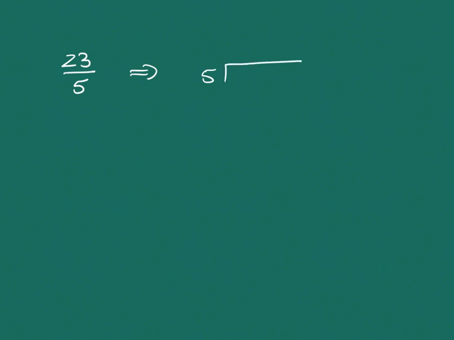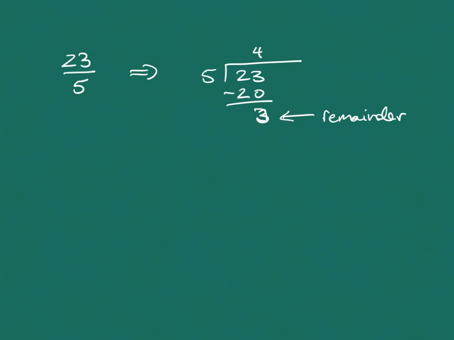We just did long division. We said 5 goes into 23 4 times. So 5 times 4 gives us 20. We subtract and we have 3 as the remainder. We know we're done at that point because the remainder is smaller than the divisor. We're dividing by 5, so 3 is smaller than that, so we know that we're done.